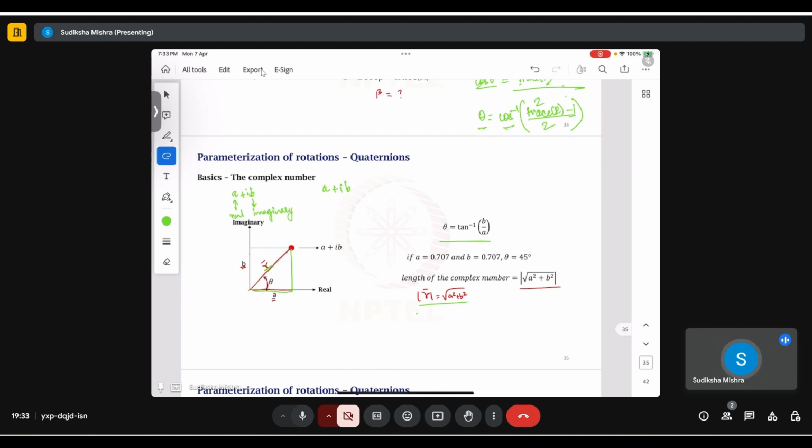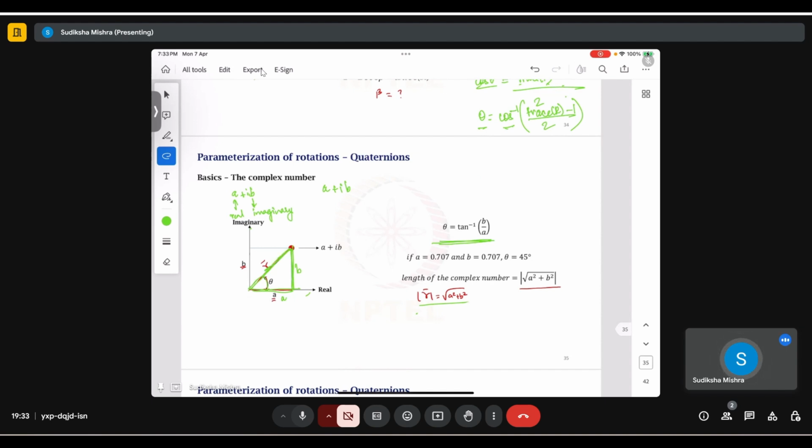If you were to represent a plus ib in a Cartesian plane where one of the axes is real and the other is imaginary, this line will be a vector. The angle that the vector makes with the real axis will be this. This is b, this is a. So theta will be tan inverse of b by a.